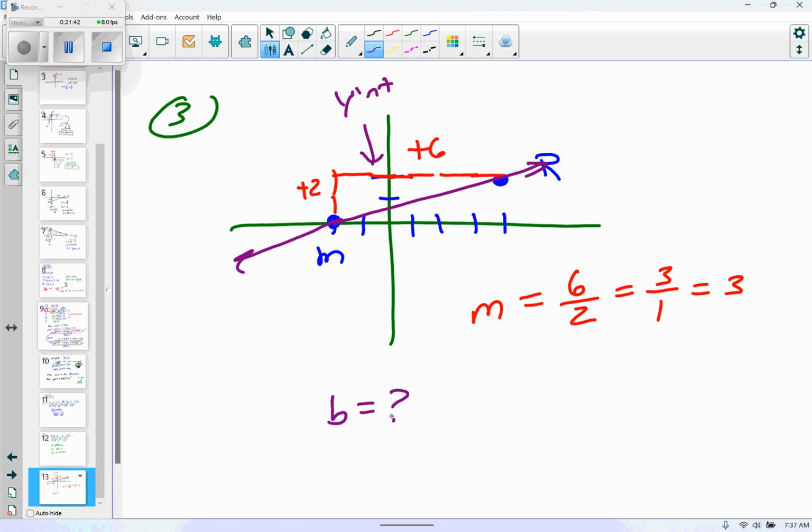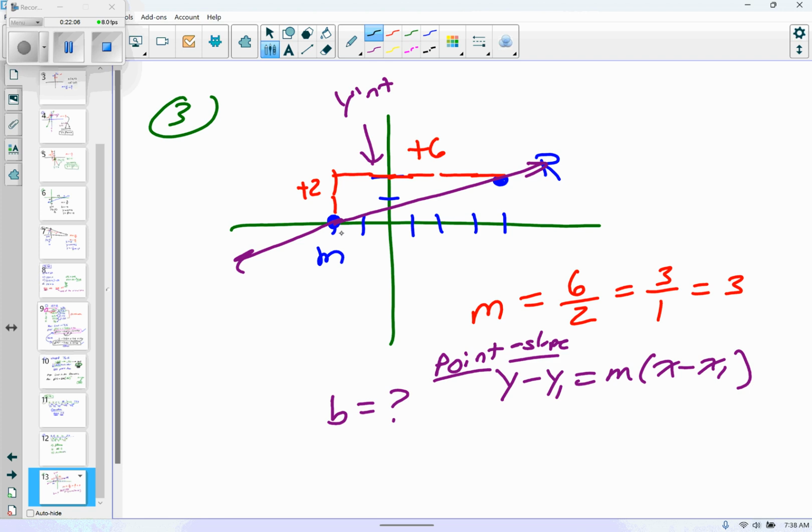There is a way to find it mathematically, but we don't have enough knowledge of how to do it yet. I mean, the way you actually do it is you use an equation called point slope. And this is different than y equals mx plus b, which is slope intercept.